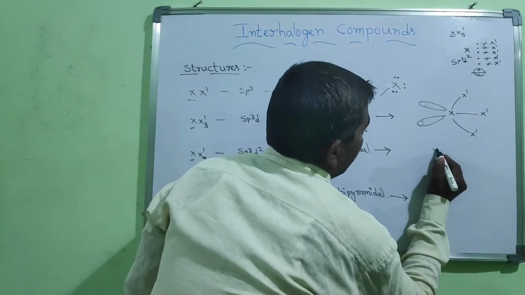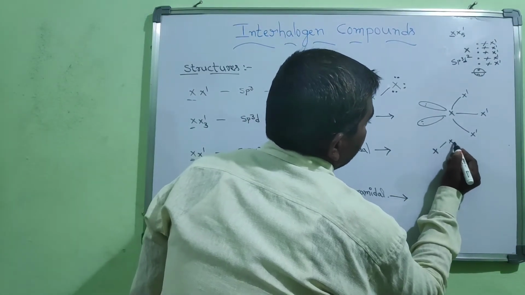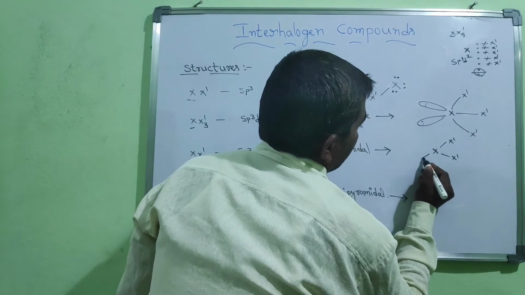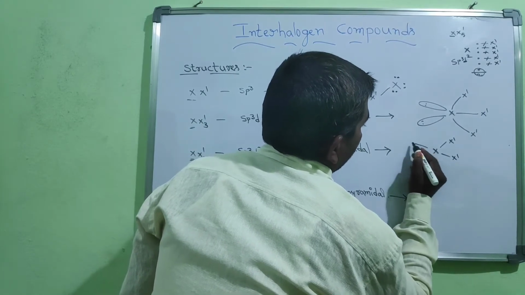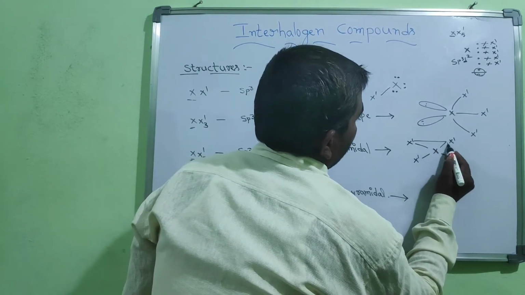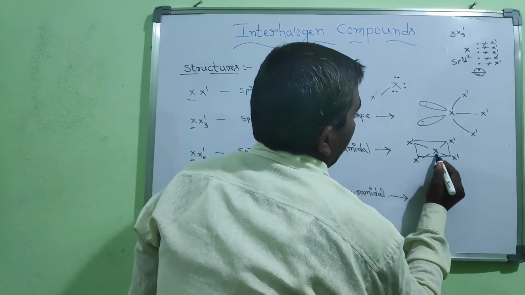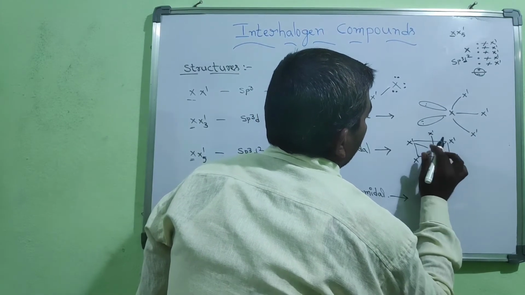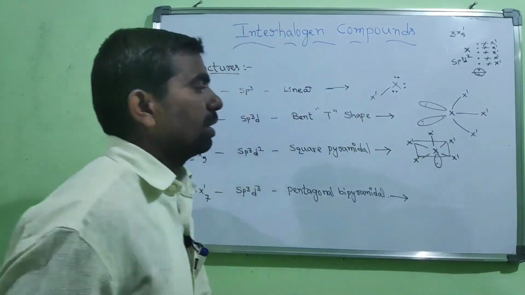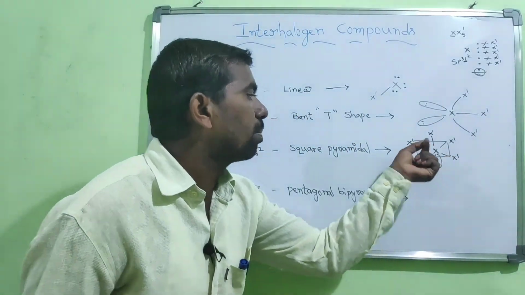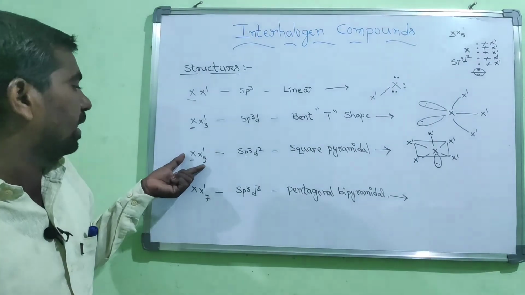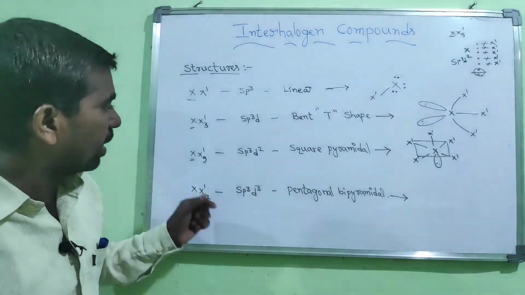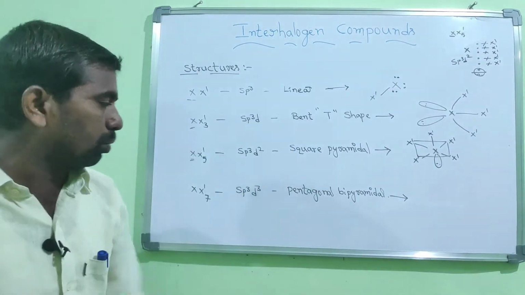This is X, this is X', again X', again X'. This one is the square, and one lone pair is there, another X' is above the plane. That is the square pyramidal structure of XX5'. At the central atom, hybridization is sp3d2.